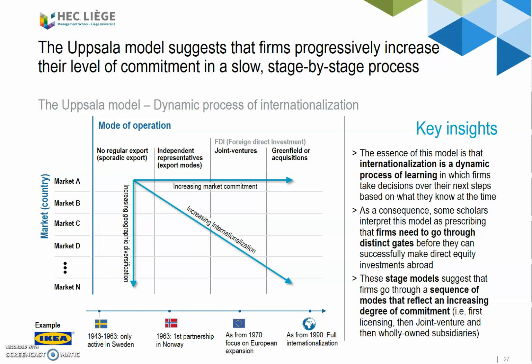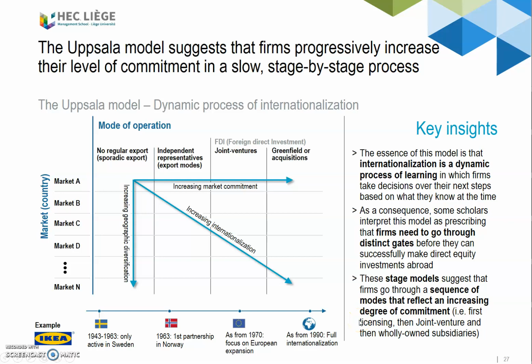So it took them 20 years to have a first partnership abroad. And then it was still pretty slow. They focused in the 70s on European expansion, and it's only from the 90s that they really went for full internationalization. So it took them 50 years, and then in a few years, IKEA was everywhere.